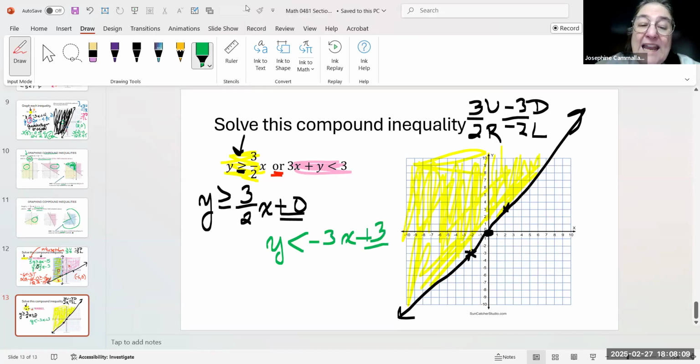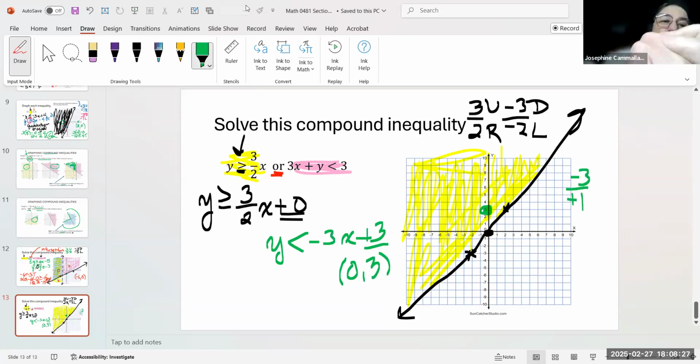Okay, my y-intercept is 0, 3, which is going to be where I'm going to put my green dot, right here. Now, my slope is -3 over +1. What does that mean?